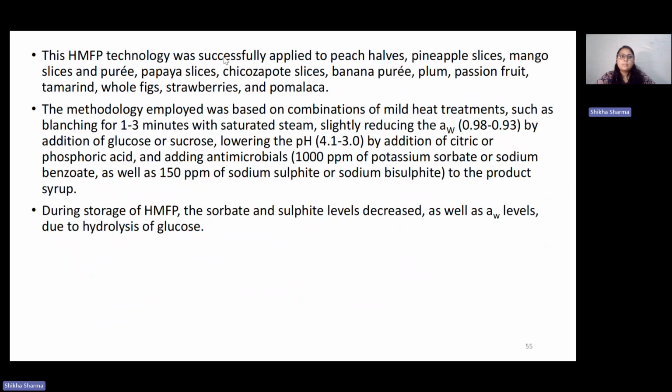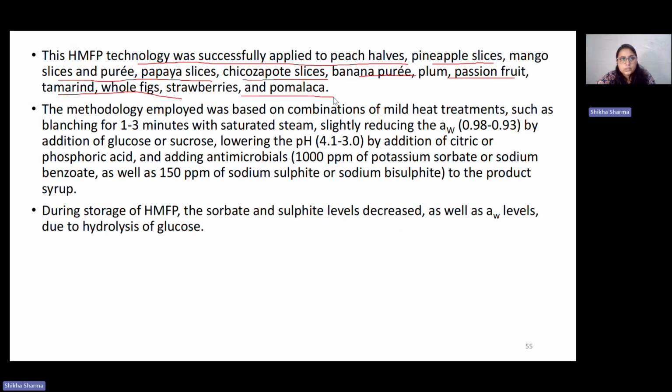This HMFP technology is successfully applied to peaches, peach halves, pineapple slices, mango slices and purees, papaya slices, chico zapote slices, banana purees, plum, passion fruits, tamarinds, whole figs, and strawberries.